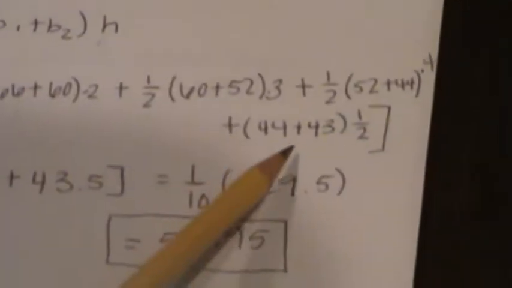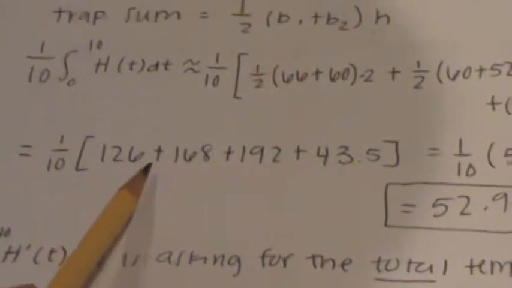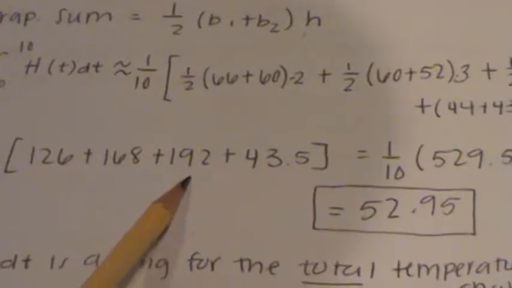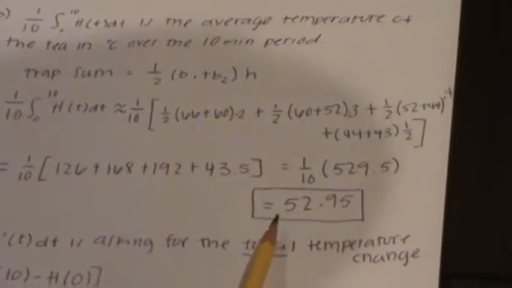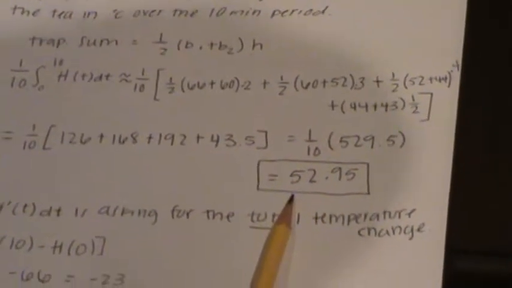Plus 1/2 times 44 plus 43, up here, and the time is just 1, so you don't need to write that. So it simplifies down to 1/10 times 126 plus 168 plus 192 plus 43.5, which simplifies to 1/10 times 529.5, which gets you to 52.95.